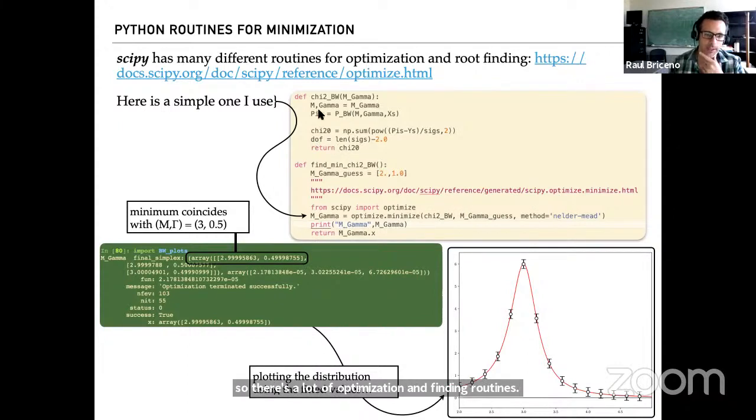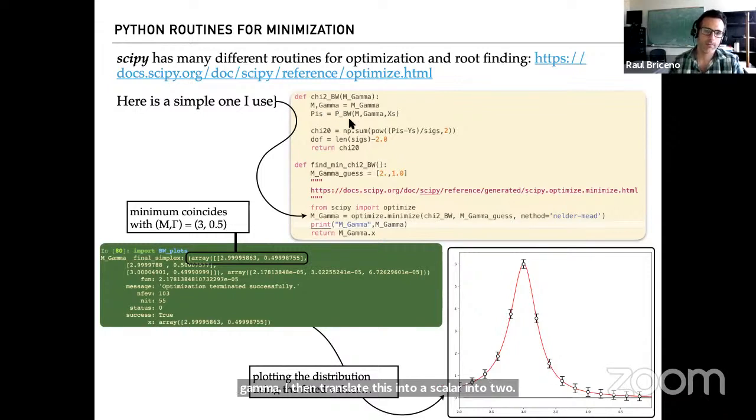Here's an example of me using that routine in my code, where I define a chi-squared function. Let me walk you through this. The chi-squared function depends on two variables, which are in a list format, m_gamma. I then translate this into two numbers, m and gamma.